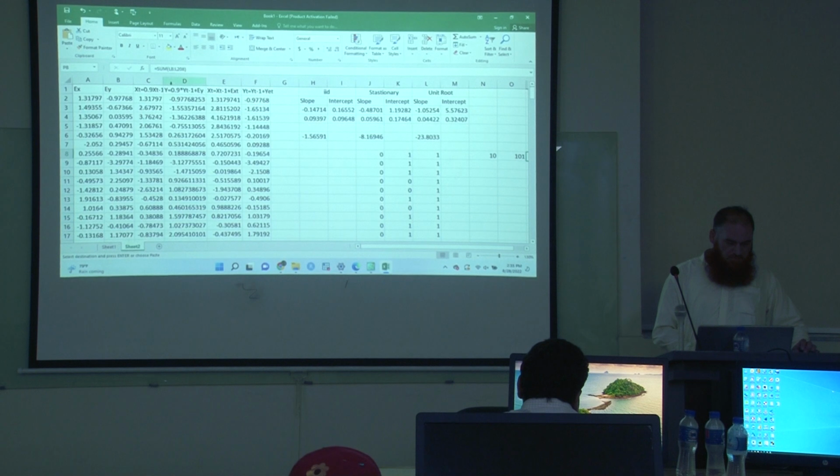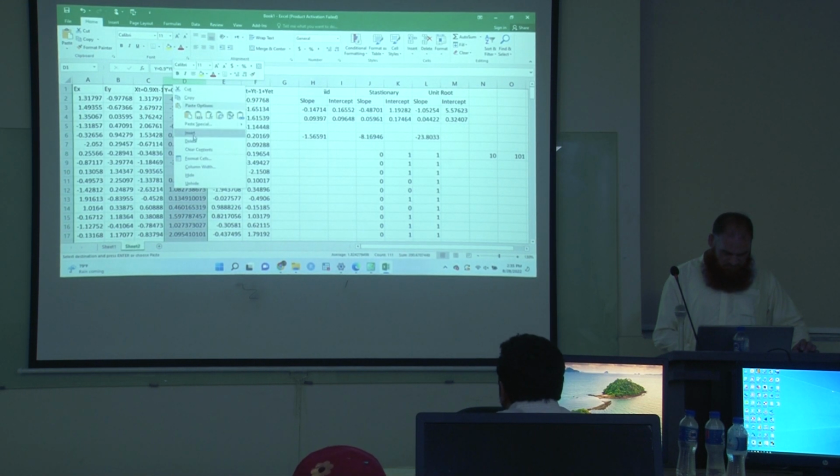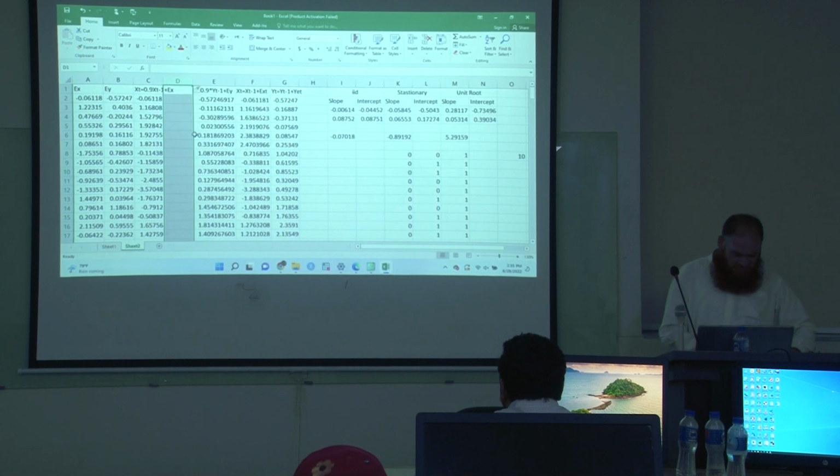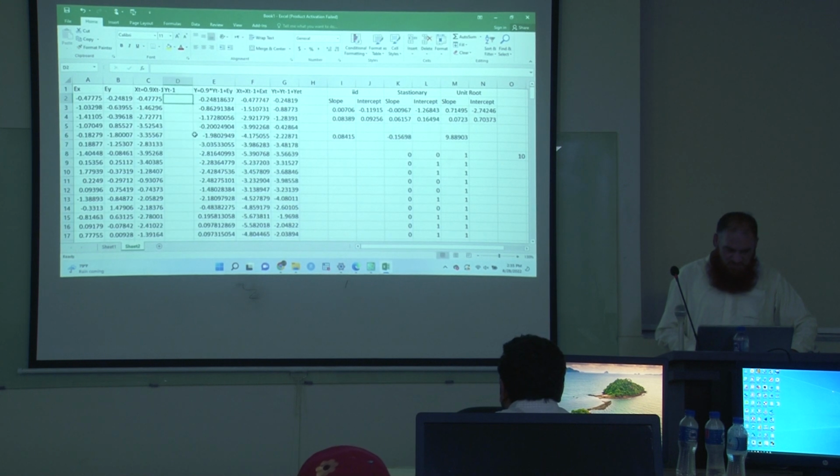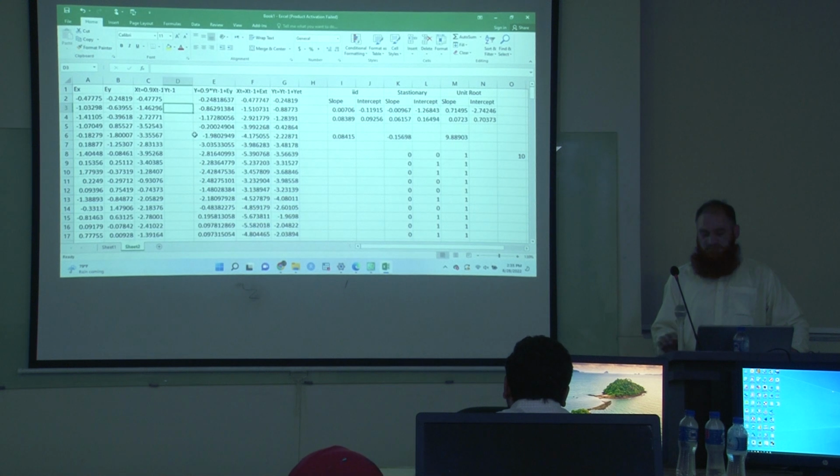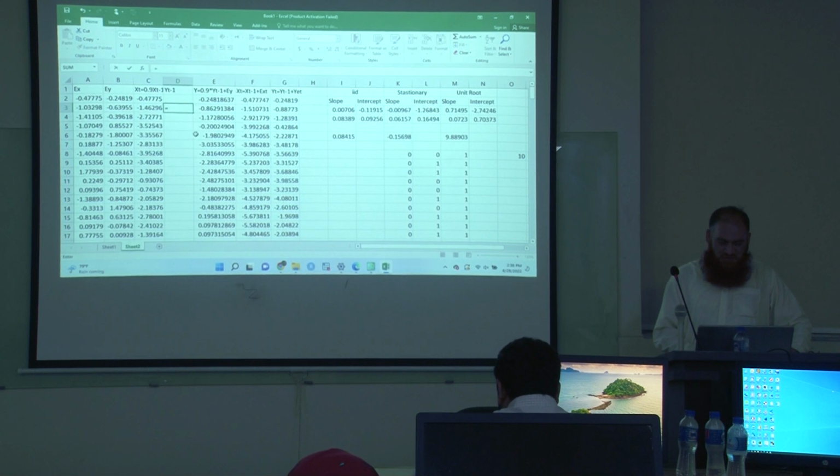Here, before column D, I am inserting one more column, and the name of this column is YT minus 1. What I will do in this column, in the front of second observation, I will write the first observation, that will become lag. That is the past value.